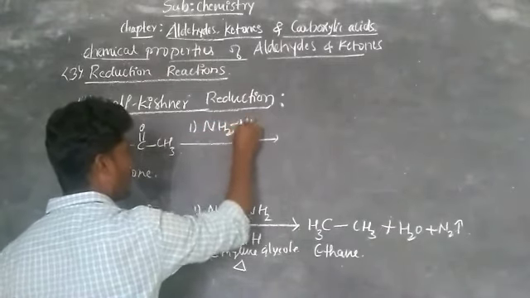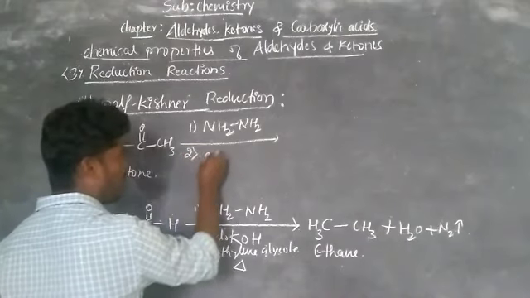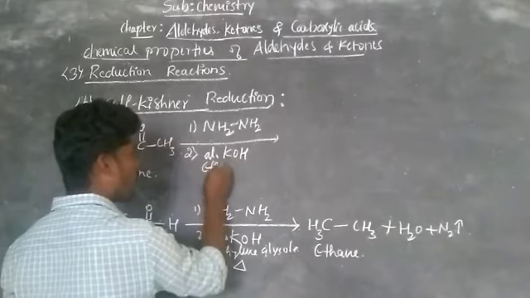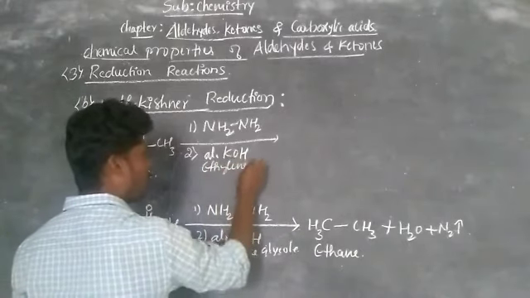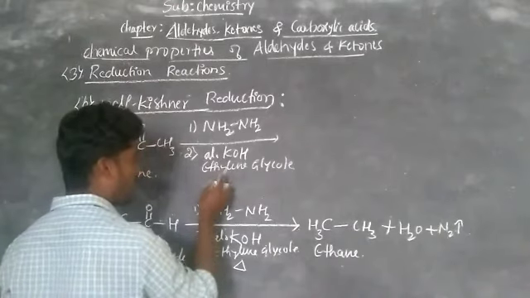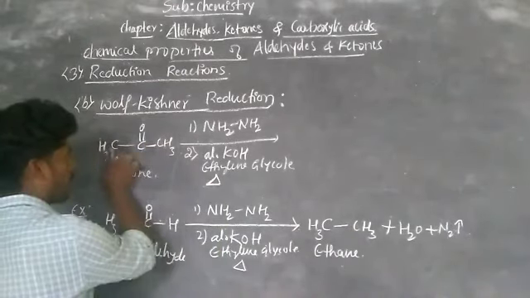Hydrazine, NH2-NH2. In the second step we are treating with alcoholic KOH. The alcoholic means we are using ethylene glycol solvent. Okay. Now which is heating. All these are heating.